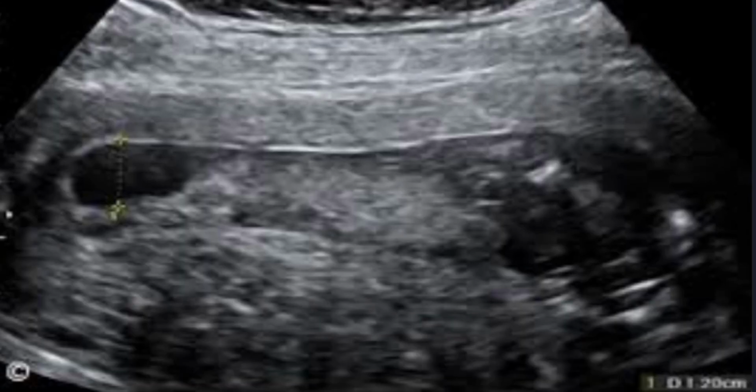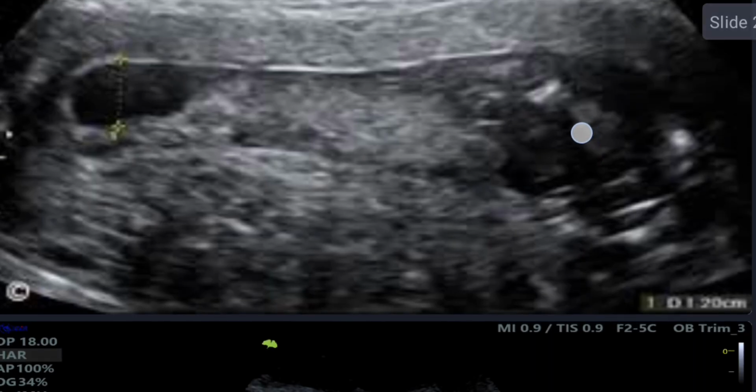Yet another sonogram, however, in this case, the largest pocket, single deepest pocket, measures 1.2 cm. This is a case of oligohydramnios. Remember, we did say that the normal range for amniotic fluid volume using this method is 2 to 8 cm. So a measurement of 1.2 cm falls short. So this is a case of oligohydramnios.